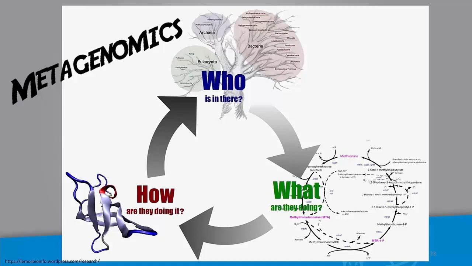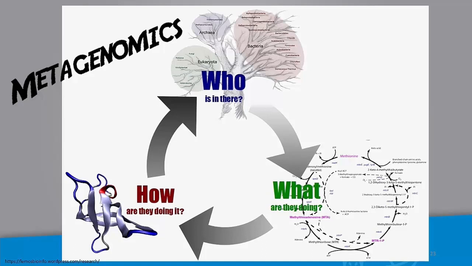Metagenomics, depending on methods and approaches used, allows us to answer a number of questions, including the question, what is present in the ecosystem, whether it be eukaryotes or bacteria, and then the question of who does what. So who is there? What are they doing?